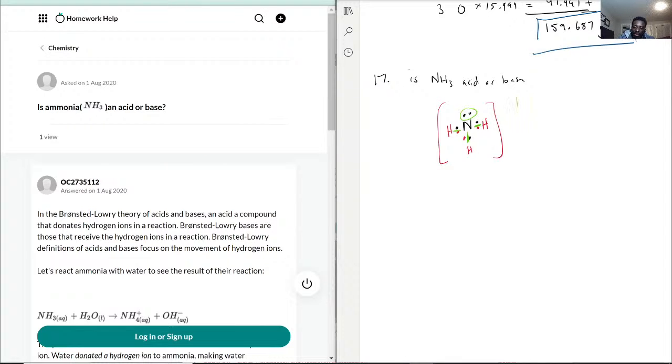So hydrogen is coming in, and it has 1 electron. In a sense, you need to get rid of one of the electrons and bring the hydrogen over, and that forms NH4 plus.